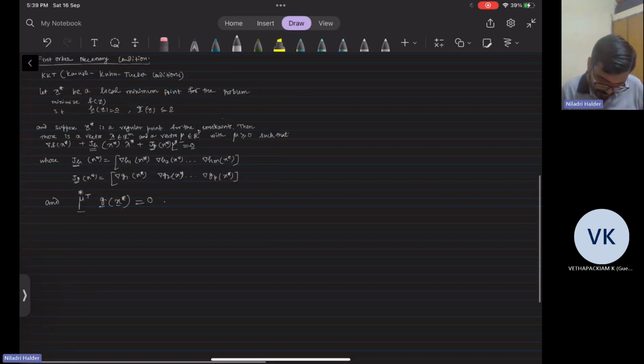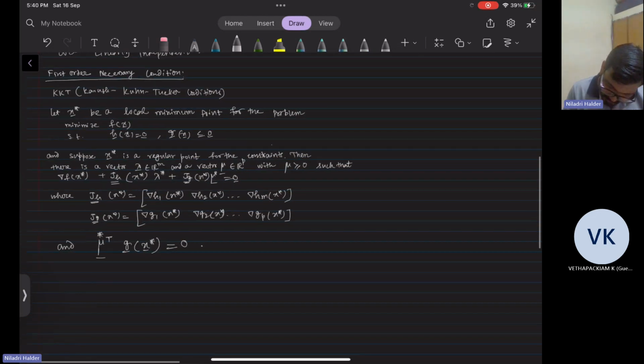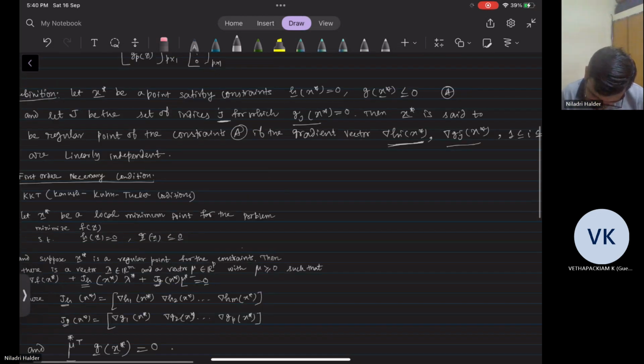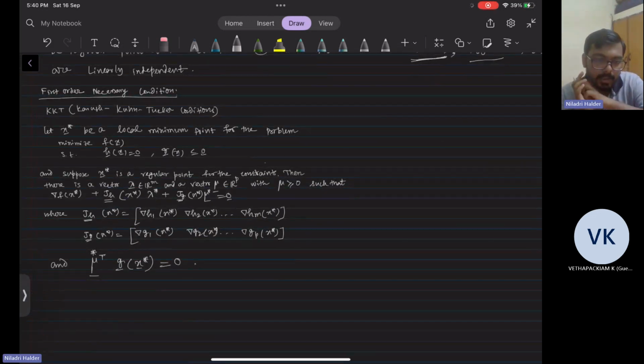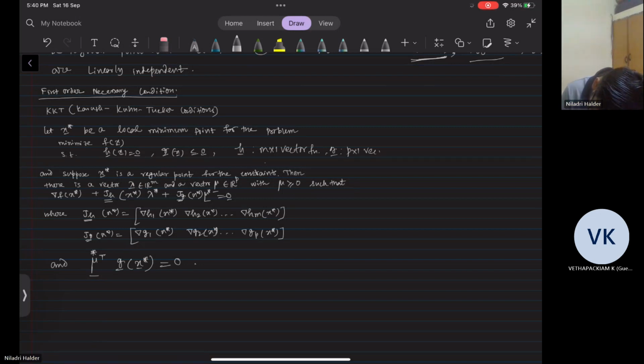So in the first order necessary condition, also called the KKT conditions, suppose x star is a local minimum for this optimization problem. Here h is an m cross 1 vector function and g is a p cross 1 vector function.